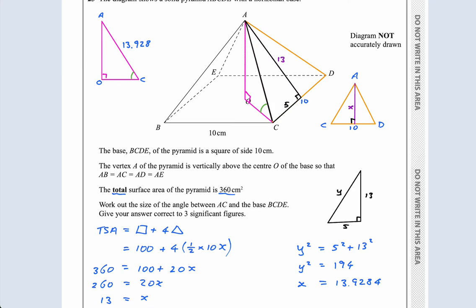Let's just go with this bottom triangle. So imagine I have this triangle here. This is actually also a right angle triangle because this is a right angle here. That's a right angle because it's a square at the bottom.